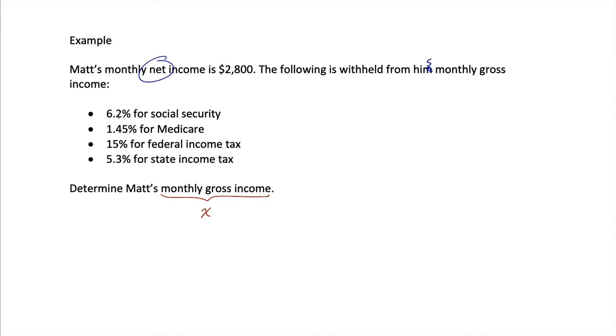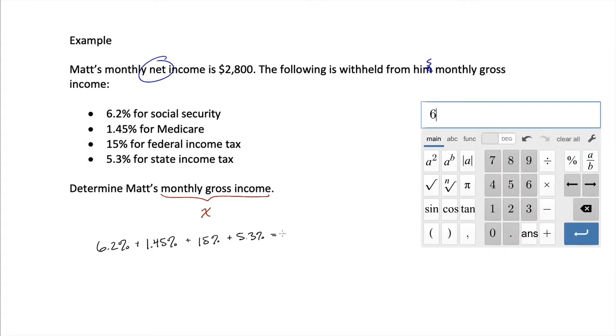So we've got our 6.2%, and the 1.45%, and the 15%, and the 5.3%. Let's go ahead and add all of those up. 6.2 plus 1.45 plus 15 plus 5.3.